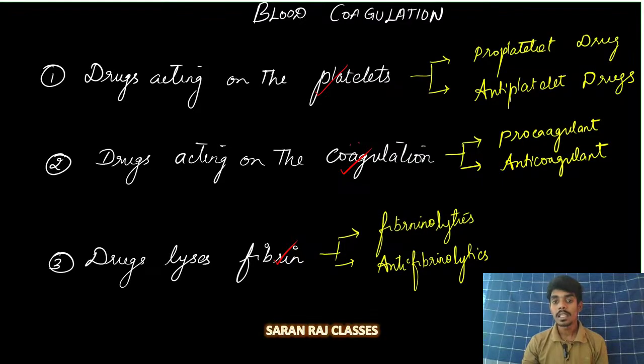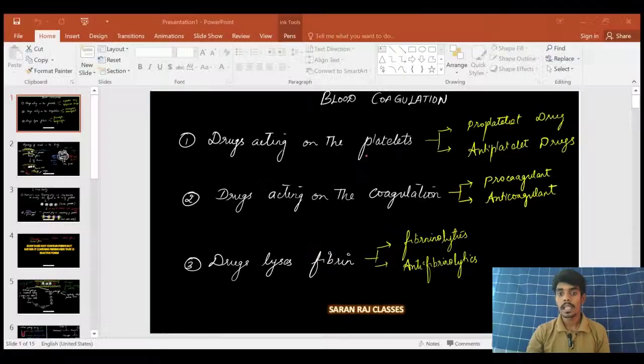In that criteria, we give fibrinolytics. Fibrinolytics lyse the fibrin molecules around the tissue target sites, which further breaks down the fibrin and frees the passage, whereas antifibrinolytics inhibit the enzymes that are responsible for the fibrins. So we are moving on to the next slide.